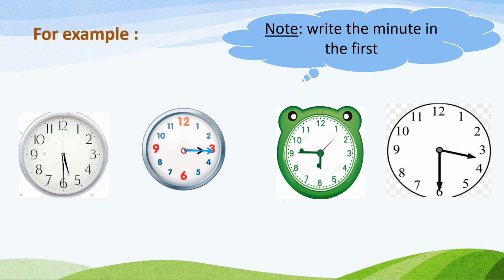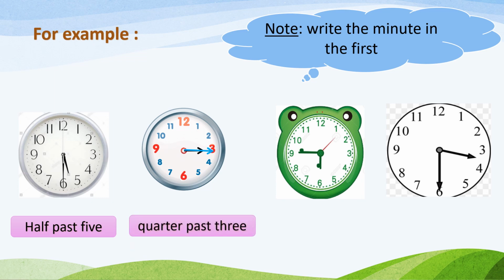Then the time is half past 5. Number 2, the short hand on 3. The long hand also on 3. We say that when the long hand on 3, it tells me quarter past. Then the time is quarter past 3.